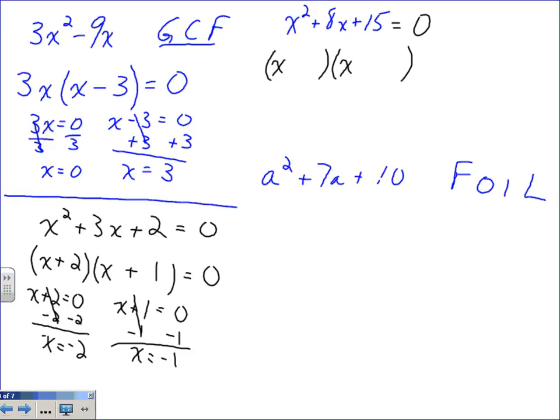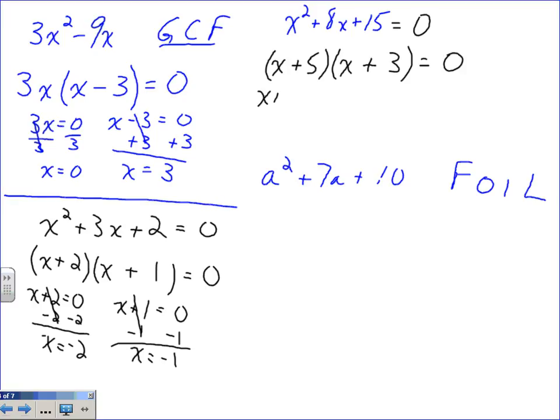And because they're both positive numbers up there, I'm going to have a positive here and a positive here. And then ask yourself what two numbers multiplied together will give you 15. Well, 5 and 3. So I'll put 5 and 3, because if I add 5 and 3, I'm going to get 8. I'm going to get that middle term, 8x. And that equals 0.